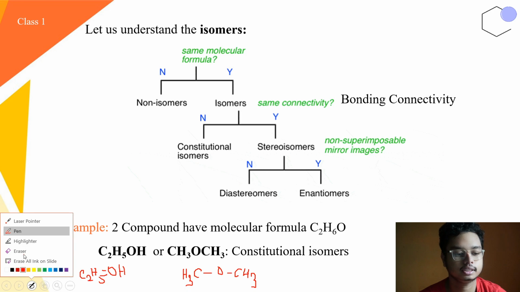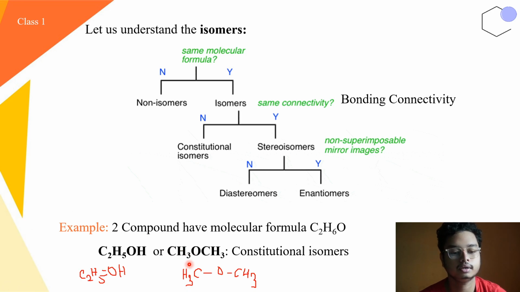So if you see here, this one has two C-O bonds, but here only a C-O bond and an O-H bond are there, so they do not have the same connectivity, so it will be constitutional isomers.